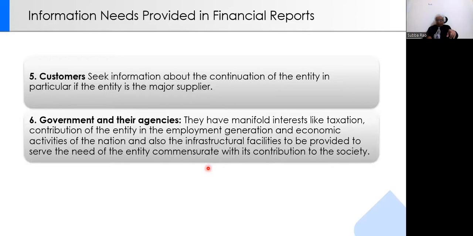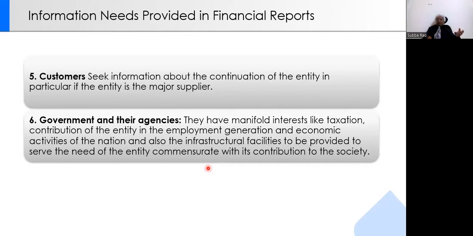Finally comes, I've already mentioned this, but why they want it, what they would like to know, why they would like to know. Now, for example, government has manifold interests: taxation, and contribution of the entity to employment generation. How many people, for example, Infosys or TCS together, have hundreds of thousands of employees working. So they have provided employment. Not only that, they have also provided some social welfare benefits under CSR.